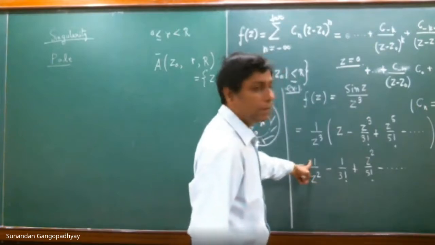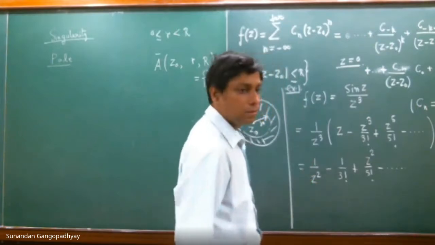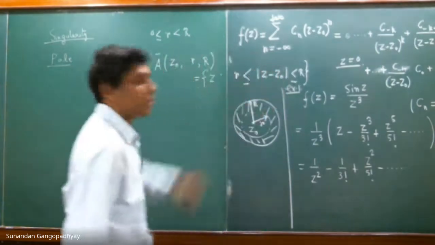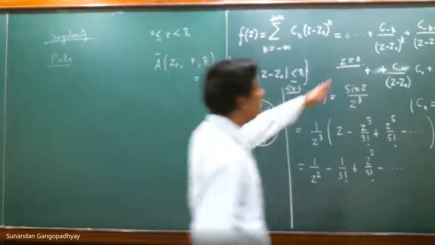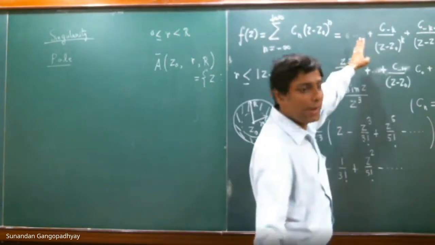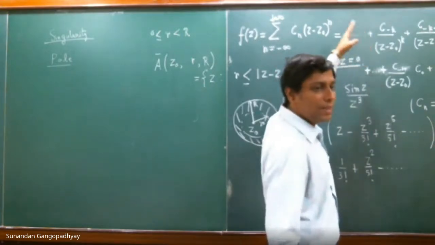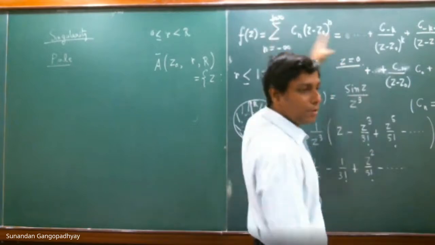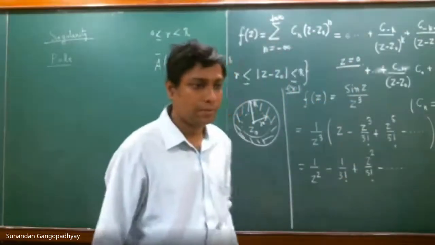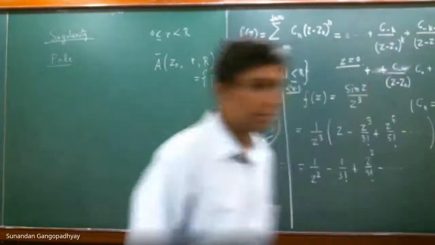What will be the value of C minus 2? 1. Very good. C minus 2 is 1. And you can see that if you go to C minus 3, so n is less than minus 2, right? So C minus 3, C minus 4, and all the subsequent terms, if I go on the left hand side, all the terms are 0. They vanish. Okay?